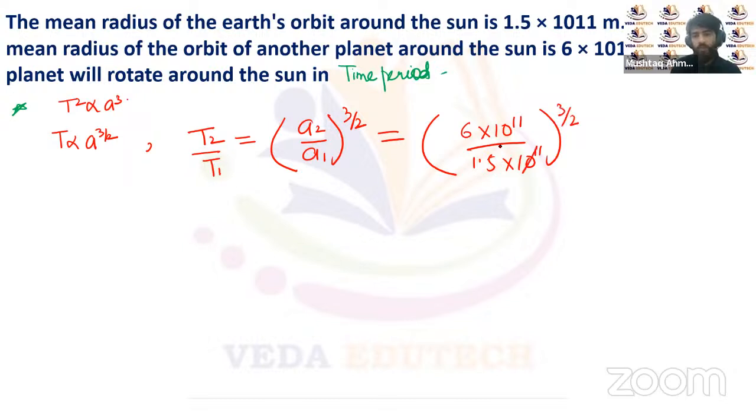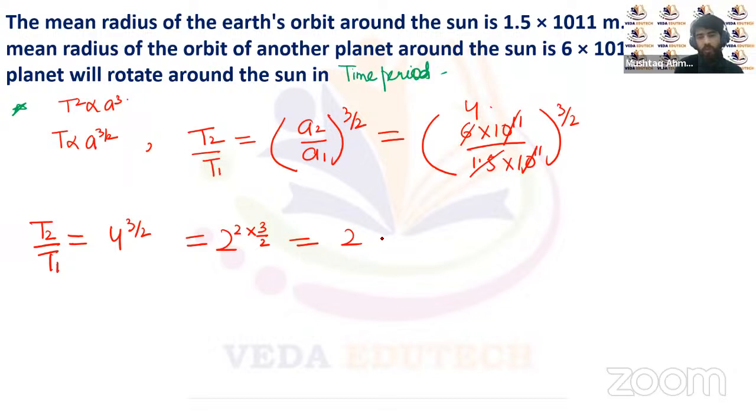So this and this will get cancelled. We'll be left with 4 here. It means T2 upon T1 will be equal to 4 to the power 3 by 2, or we can write it as 2 square into 3 over 2, which is equal to 2 cube, that's equal to 8. It means that T2 must be equal to 8 times T1.